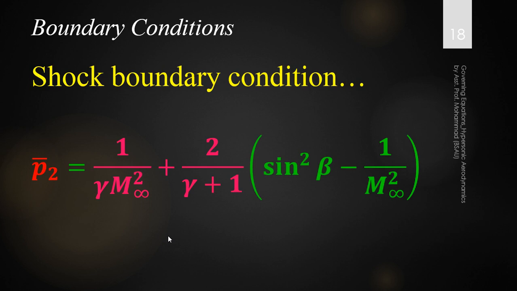P2. Now P2 is the non-dimensional pressure after the shock. How does it come here? This is looking a little bit different. We'll deal with this thing. Let us see how it goes ahead. Now the pressure ratio across the shock is given as P2 by P infinity, and that is equal to some value, doesn't matter, but let us see how it goes ahead.